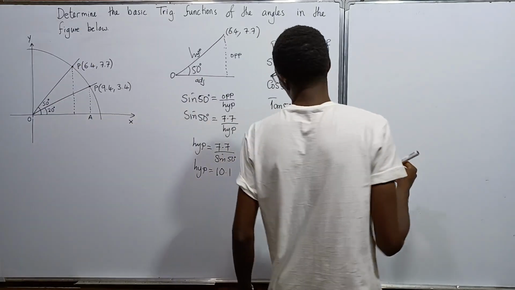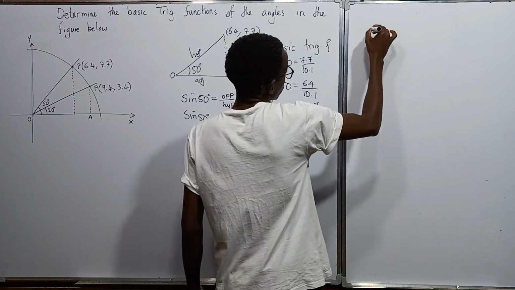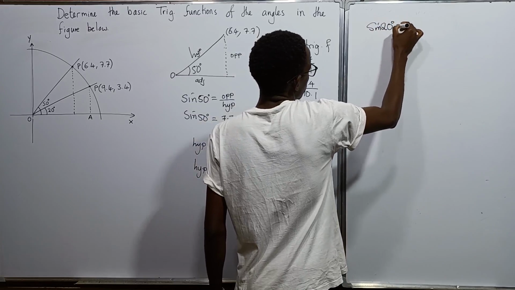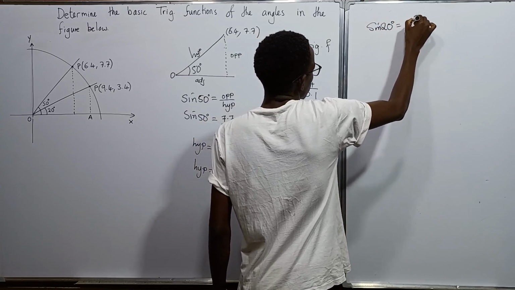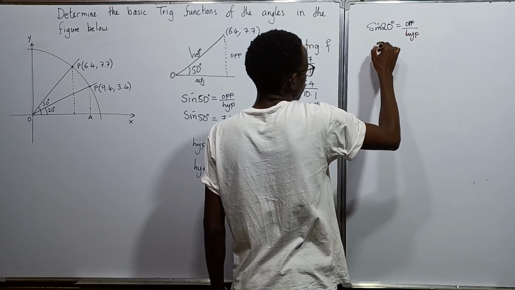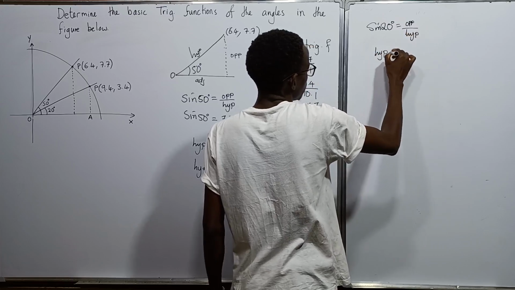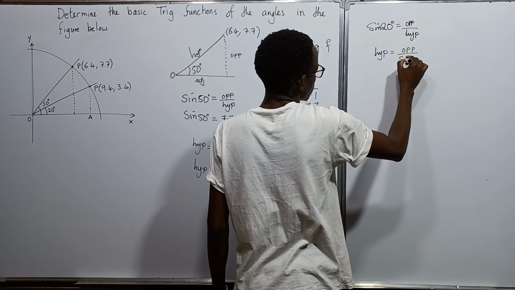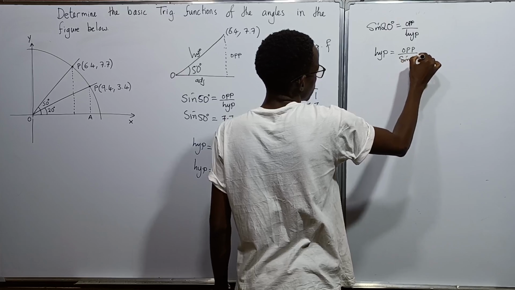So sine 20 degrees is equal to the opposite over the hypotenuse. So our hypotenuse will be equal to the opposite over sine 20 degrees.